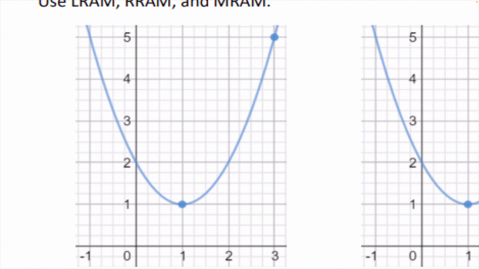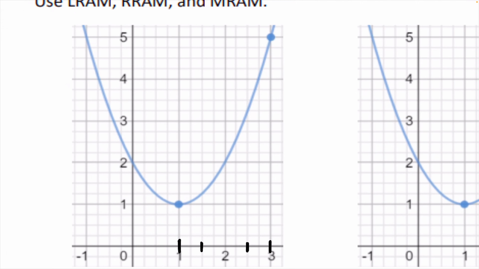Okay? That means top left is going to touch. So we're going to start at 1, so we only go from 1 to 3. So we're going to go up until we hit the function, and then we're going to go over half, right? Because we need to go half.